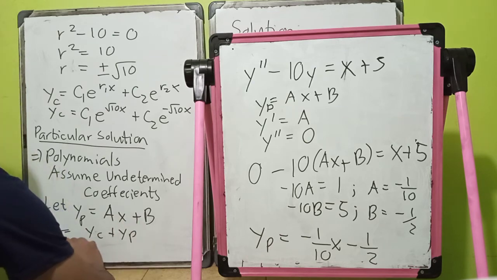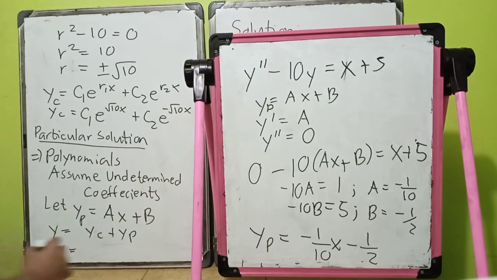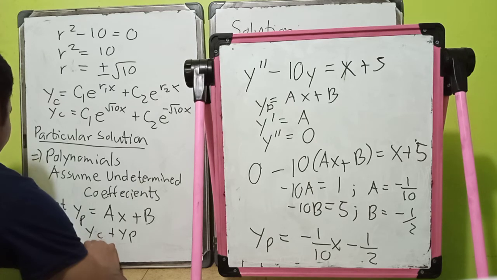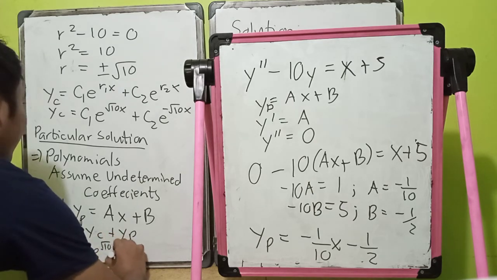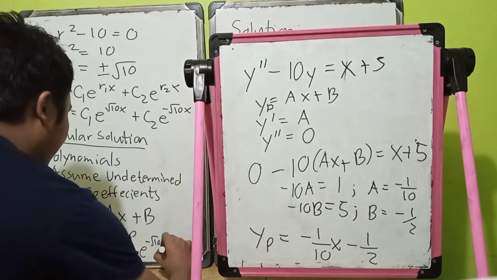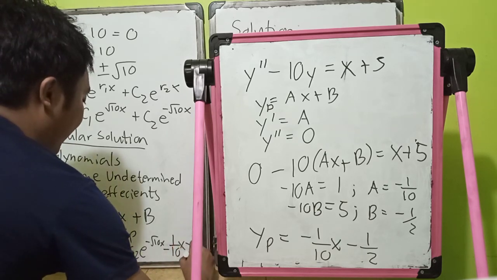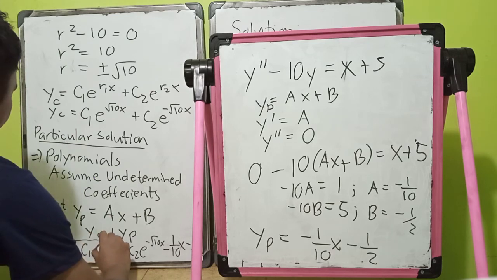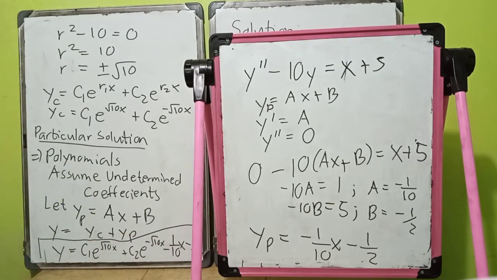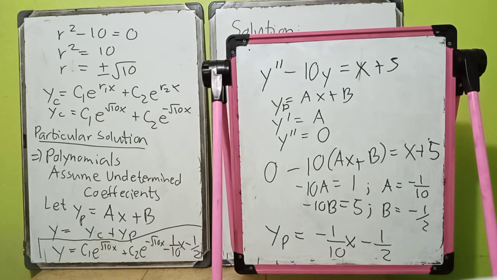So therefore, your solution for this problem will be y is equal to c1 e to the square root of 10x plus c2 e to the power of negative square root of 10x minus 1/10x minus 1/2. Okay, so this will be your solution. So that will be our first example.